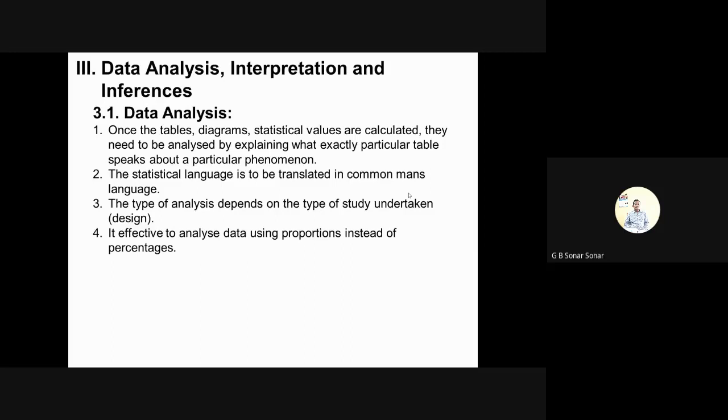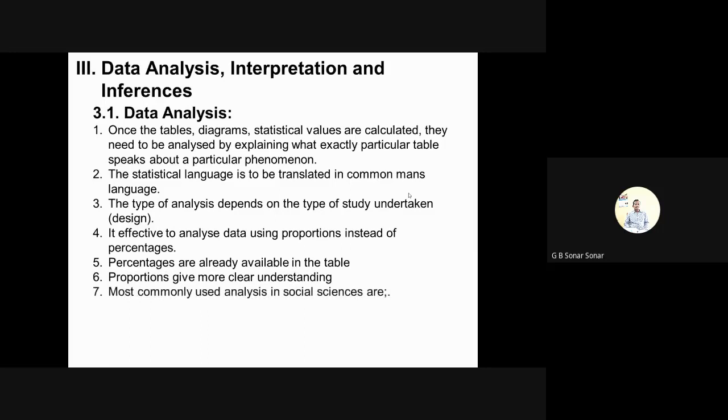Calling 50% and calling half, or calling 25% or 1/4, makes a lot of difference to understand what is present in the table. In social sciences, the most commonly recommended technique of analyzing the data is proportions.